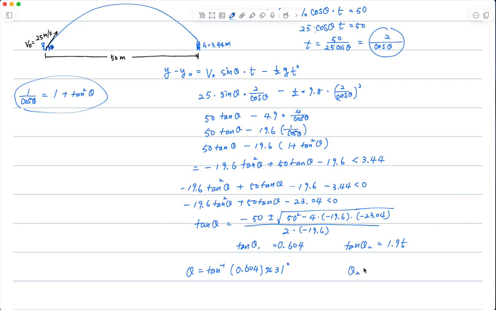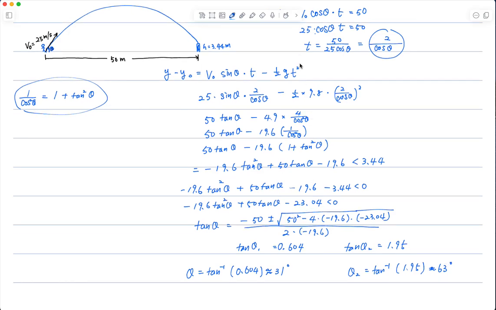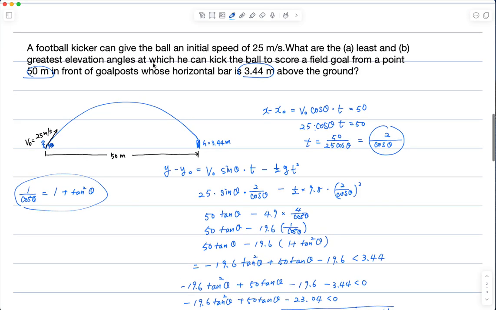The other angle is arctangent of 1.95, which gives 63 degrees. So there are two answers. The question was asking for the least and the greatest elevation angles.